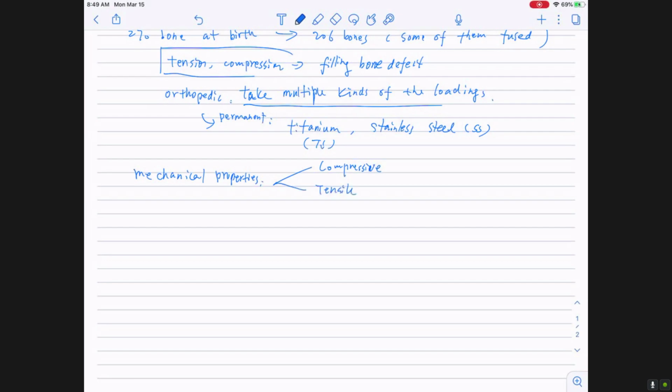Another one: if you use ceramic materials, we know ceramic materials are very brittle, right? So think about crack propagation. Of course, we also talk about fatigue, which is repetitive or repeated loading.